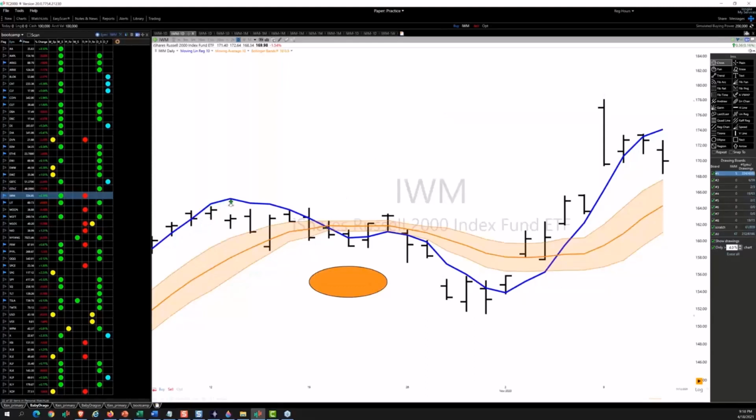Here, it was sort of the maximum difference between what the RL10 said was fair and what the 10 simple said in the middle of the dragon. So when it gets to an extreme and then rolls over and crosses the dragon, then we can say tentatively that the short-term 10-period fast trend has reversed.